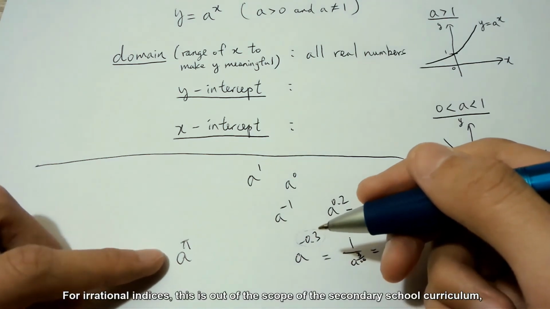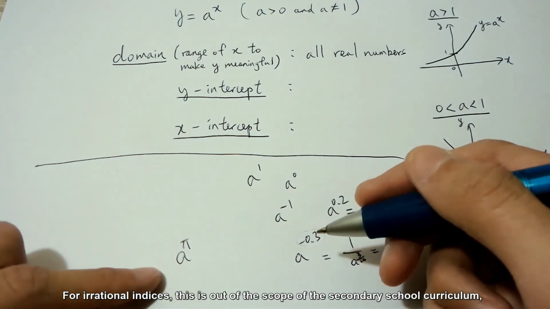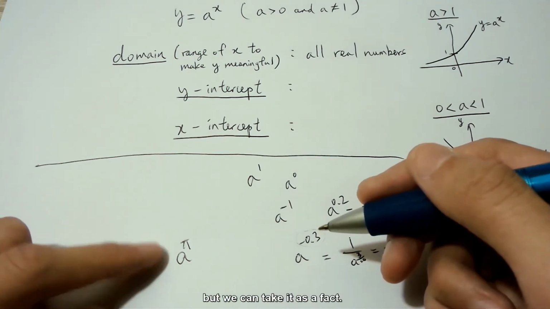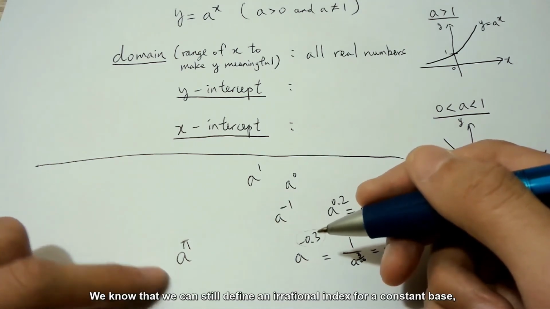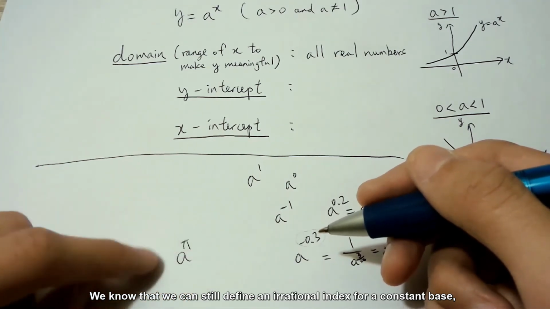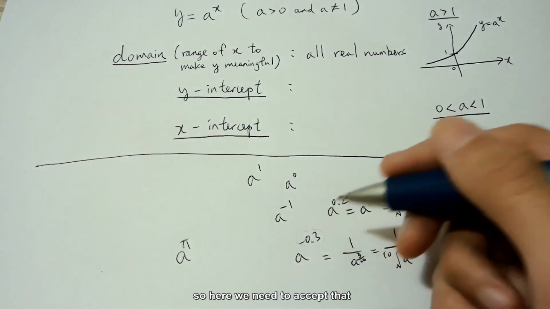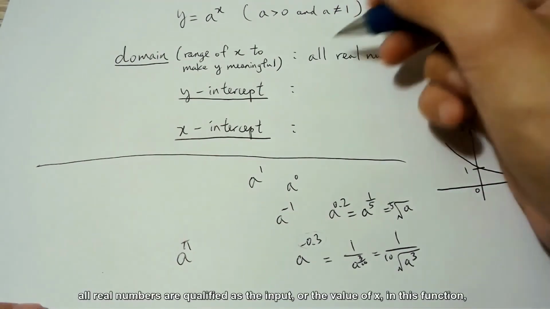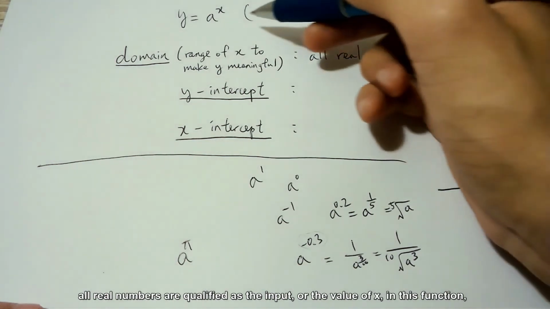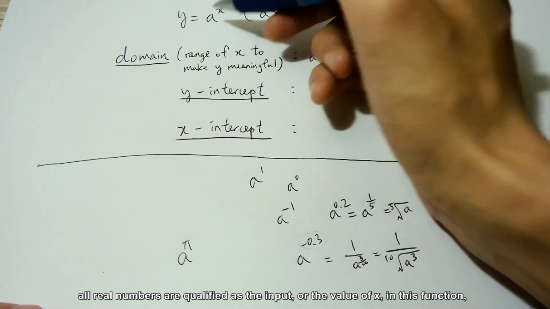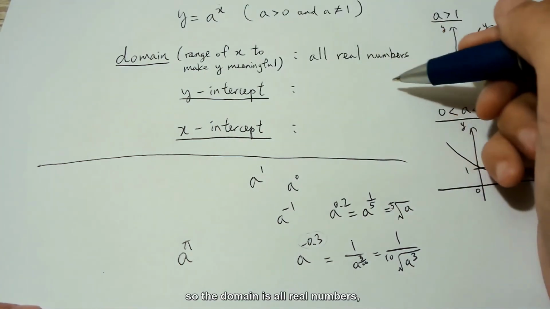For irrational indices, this is out of the scope of the secondary school curriculum, but we can take it as a fact. We know that we can still define an irrational index for a constant base. So here, we need to accept that all real numbers are qualified as the input, or the value of x in this function. So the domain is all real numbers.